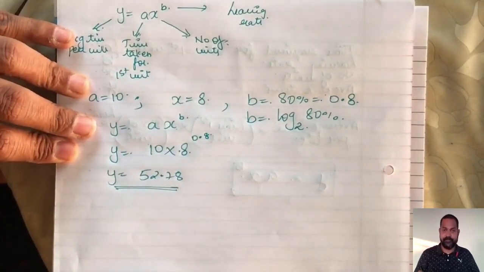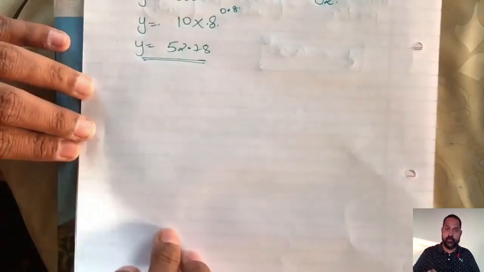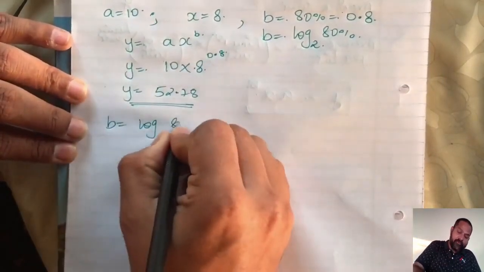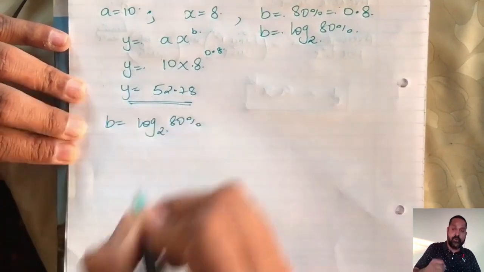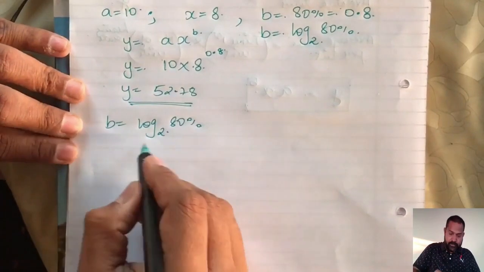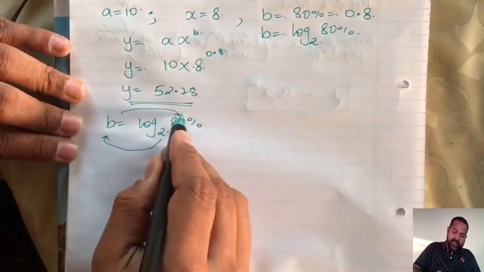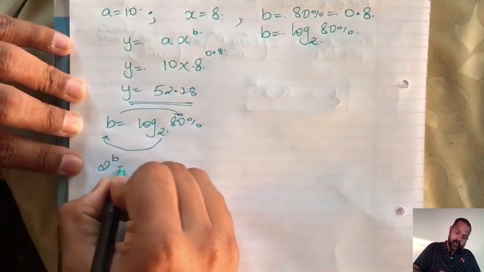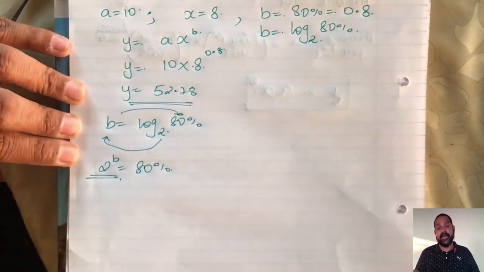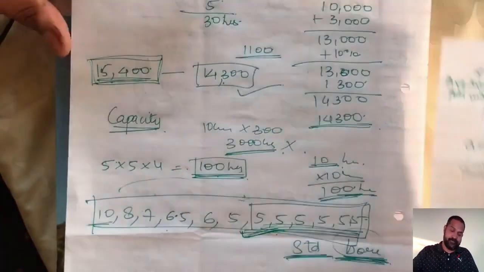Why? Let me tell you that B is the log of 80% to the base 2. If I write this in exponential form, 2 raised to B should be 80%. Why am I taking logs to the base 2?